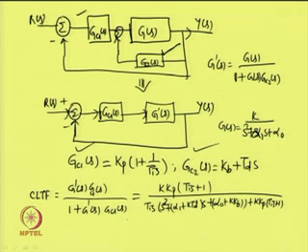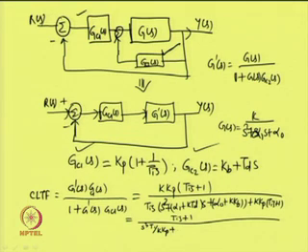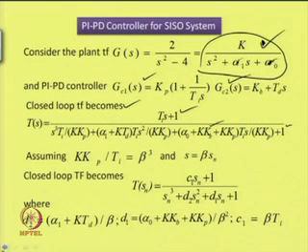Now, this can further be simplified as T_I S plus 1 in the numerator upon S squared, S cubed T_I by K K_p, plus alpha 1 plus K T_D T_I upon K K_p S squared, plus other terms that we have got here.